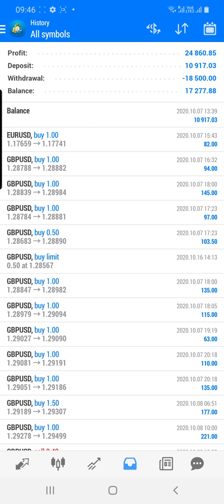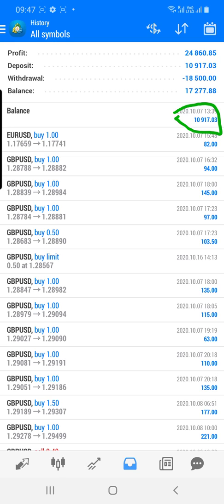I'm going to explain to you guys in this account how I made over 350% of my initial capital. As you can see here, this is the initial deposit and the only deposit I've made in this account, $10,917.03.